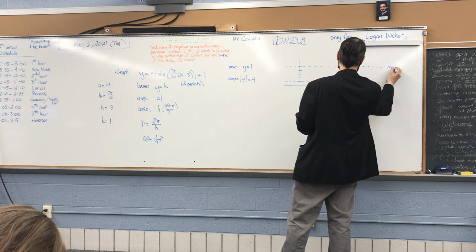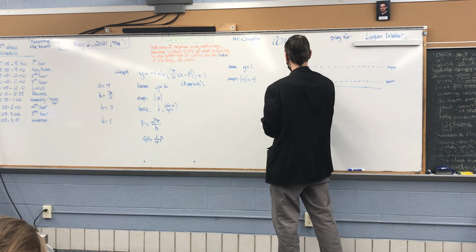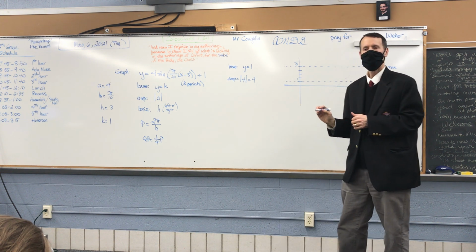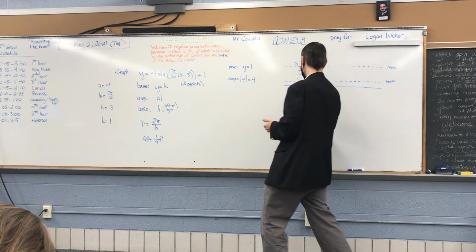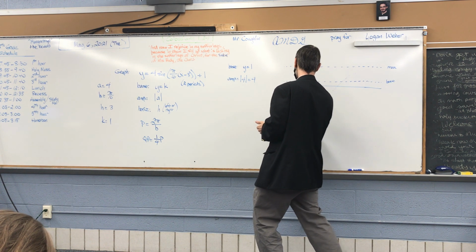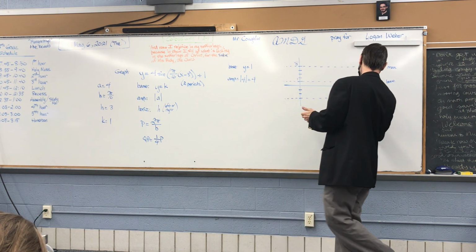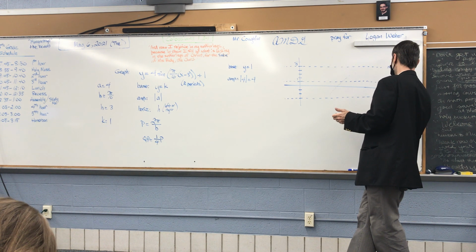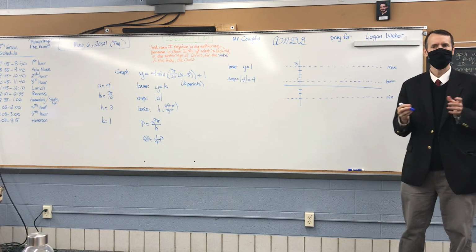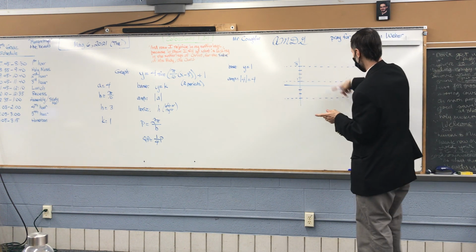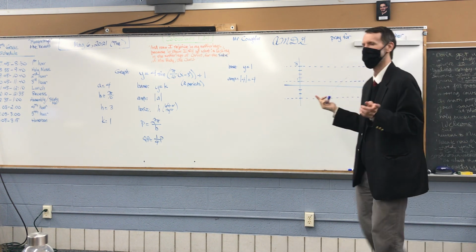Negative 3. Down here at negative 3 is the minimum. Your graph is going to be in between these two lines and centered around the middle line. Does that make sense, Brian? So everything is going to be wobbling in between these two extreme lines.